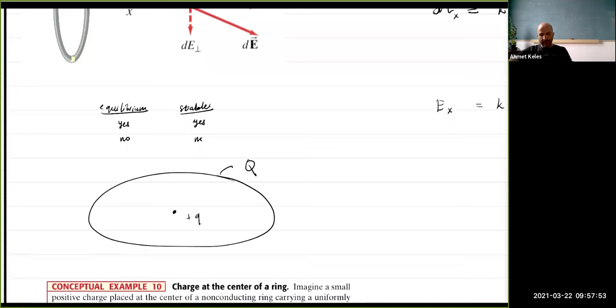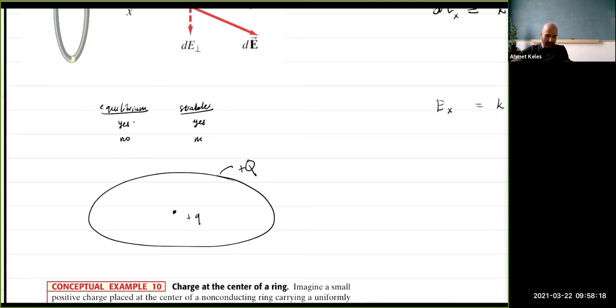Then my question is, is it in equilibrium? The ring is charged with positive charge, and my test charge in the center is also positive. Is it in equilibrium? Yes or no? Yes, right? Good, let's put a tick.